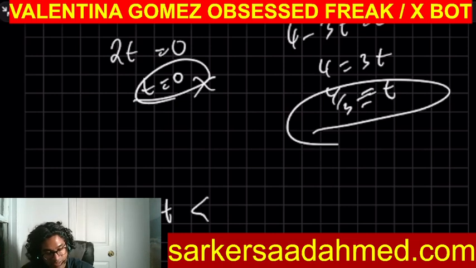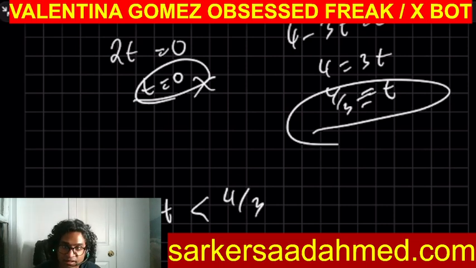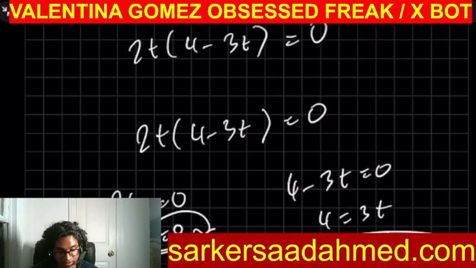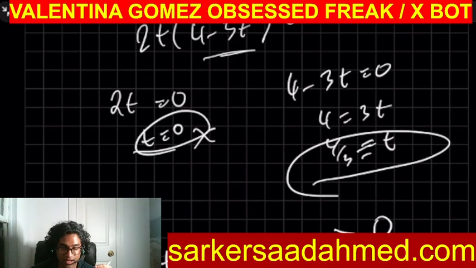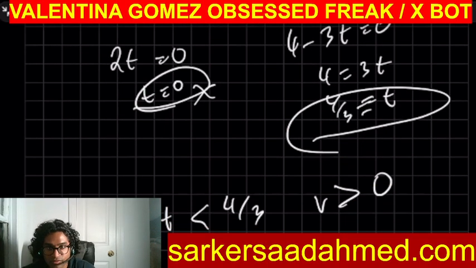If my time is less than 4 by 3, what happens is that my velocity will be greater than 0. Because as your time value decreases, 4 minus 3t actually increases.